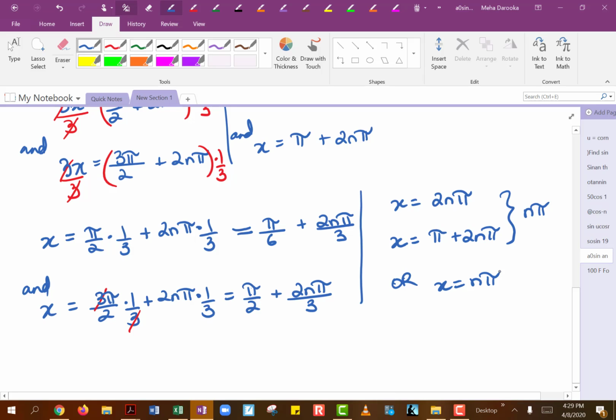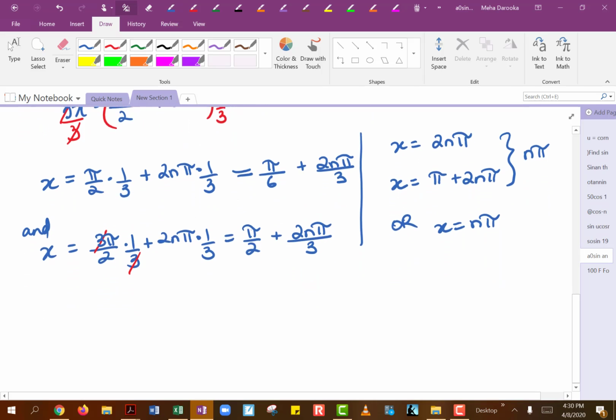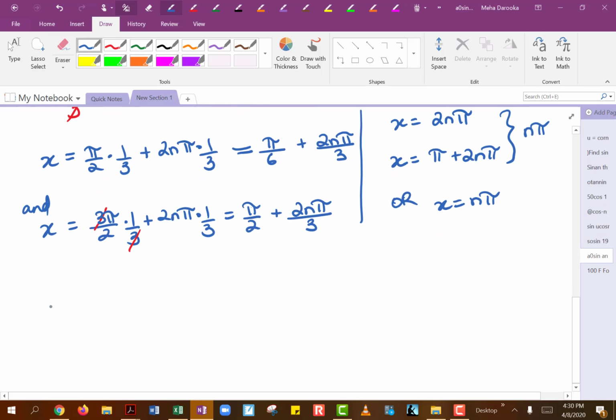So we can actually clean up these answers quite a bit after you have solved them. So we can say our general solutions can actually be x equals pi over 6 plus 2/3 n pi from that first one.